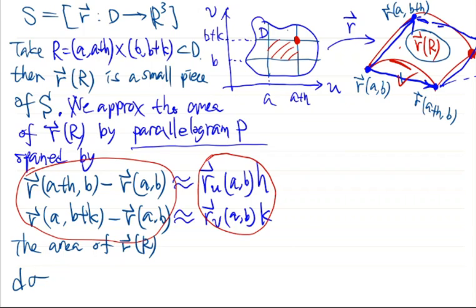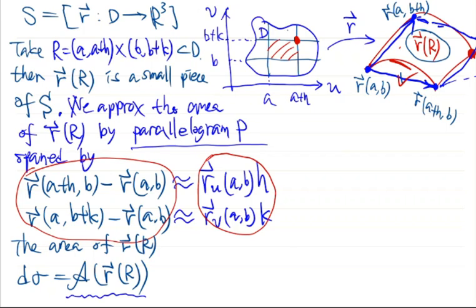I will write it more completely. We use d sigma to denote the area of r(R). d sigma is the area of the image of R. This is a curved object, but the area we have not defined yet. We want to define this.